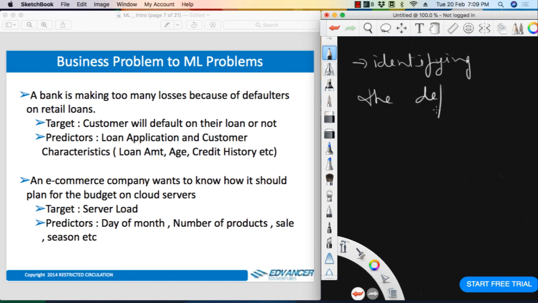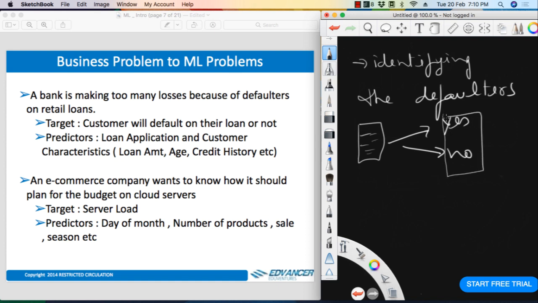Identifying the defaulters. So if by looking at the loan application, we can say somebody is going to repay their loans or not going to repay their loans, that will solve the problem, right? So this is our target which we want to predict: somebody is going to default on their loan or not.